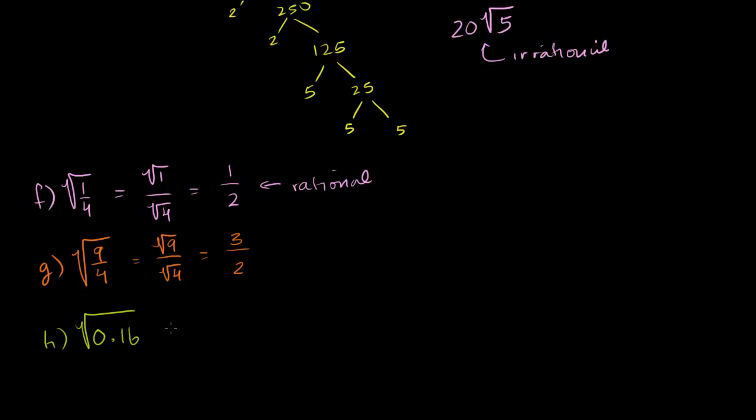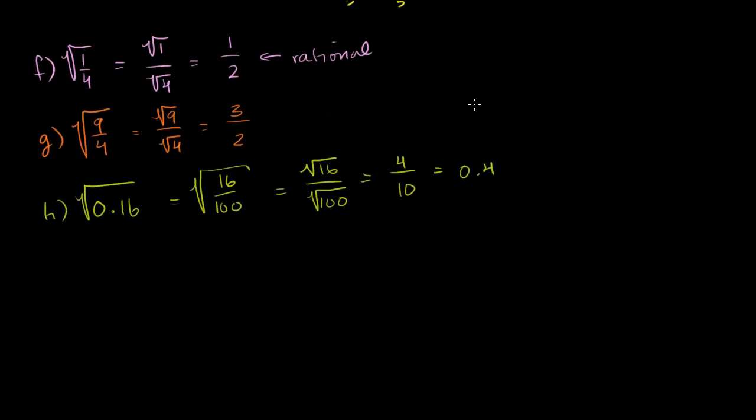So this is the same thing as the square root of 16 over 100, right? That's what 0.16 is. So this is equal to the square root of 16 over the square root of 100, which is equal to 4 over 10, which is equal to 0.4. Let's do a couple more like that.